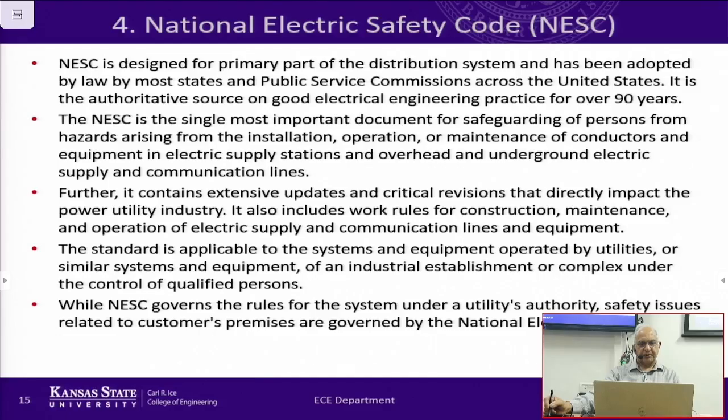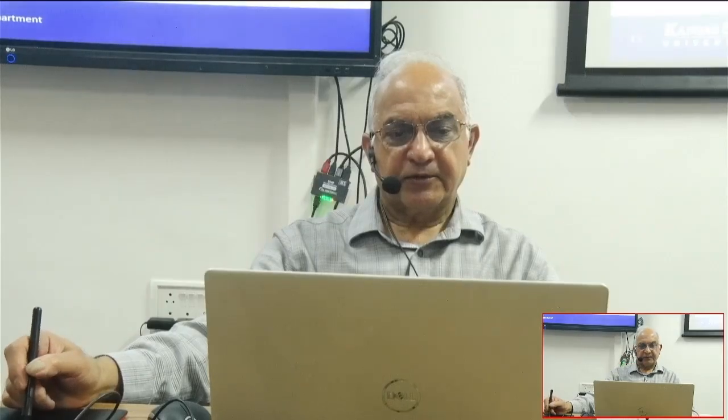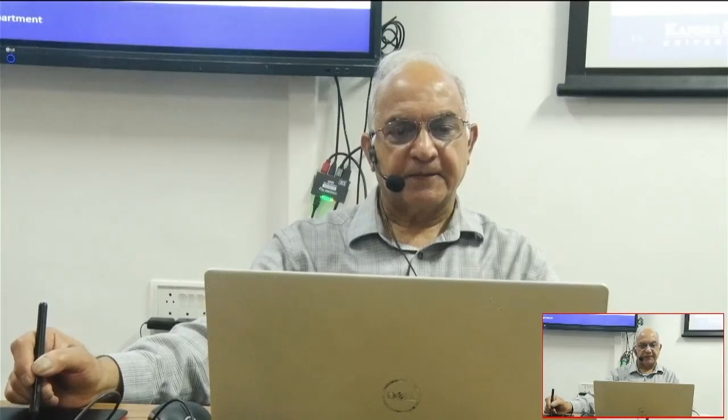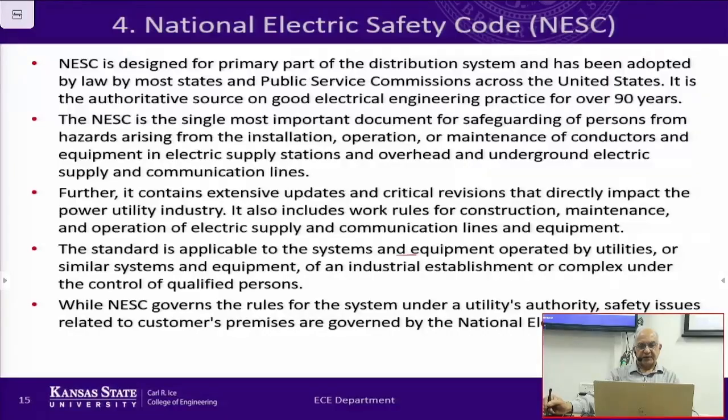So this is a kind of complete guidance for that. This standard is applicable to the systems and equipment operated by utilities or similar systems and equipment of an industrial establishment or complex under the control of qualified persons.